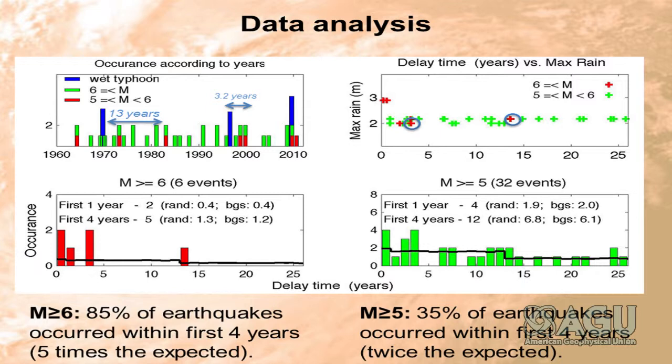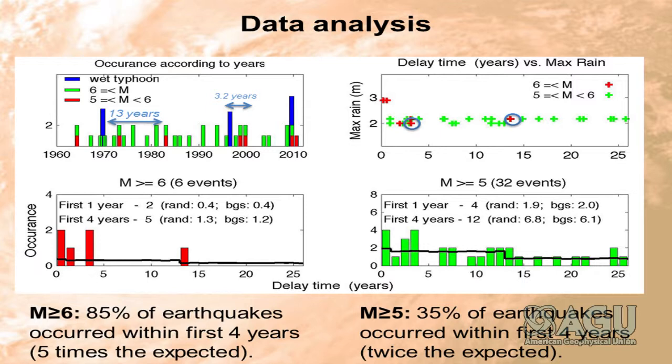So basically, we try to compare these 2 data sets and to see if we can see any relation between the 2. And here, the earthquakes are in green and red, the occurrence of earthquakes, and the blue are the 3 wettest typhoons in Taiwan. And now we do a tracking to see what is the delay between them.